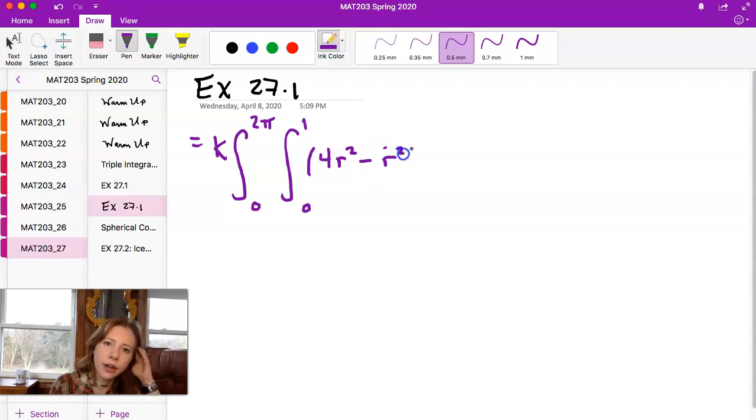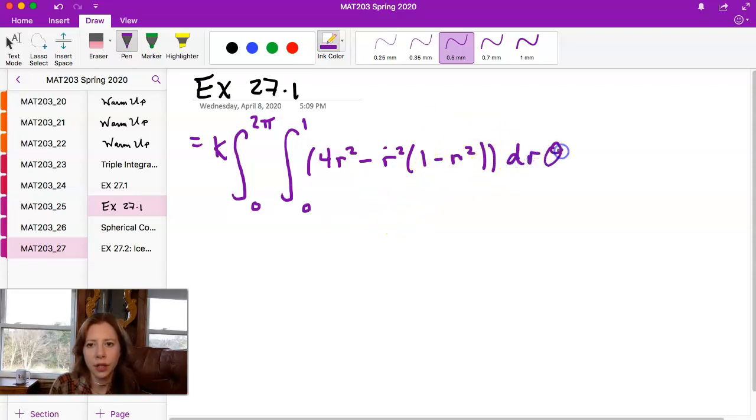Minus r squared times 1 minus r squared. And that's going to be times dr d theta. And we can simplify this a slight amount.